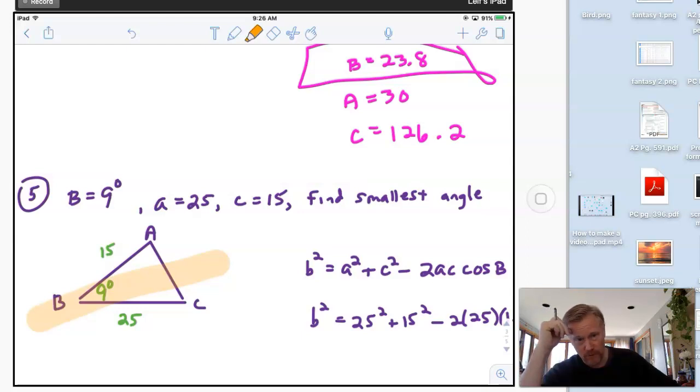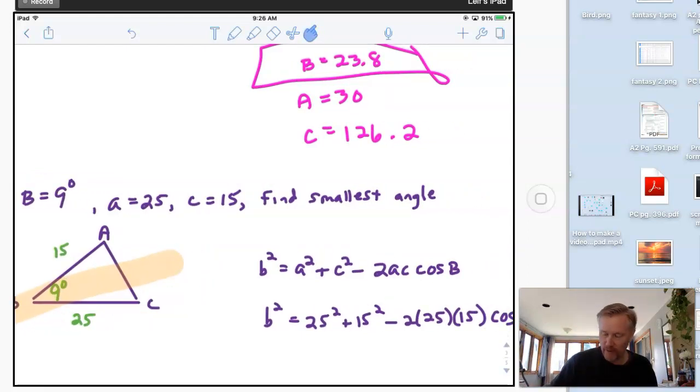So keep that in mind. I'm using the b squared, and I have to use that because this is the angle that I have. The angle B dictates it. I don't want to use the one with angle A, for example. That just won't work well.